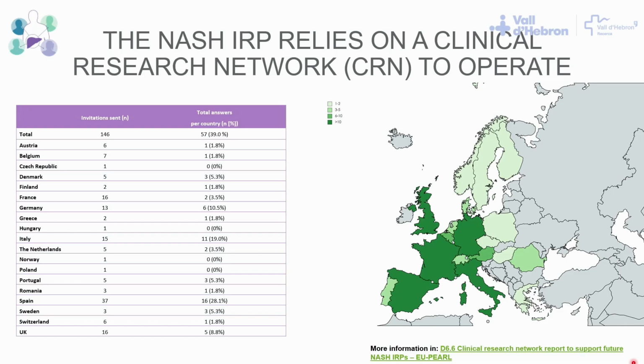You can see on the map on the right which countries we contacted, and we had a response of almost 40%. We asked questions about the design of the master protocol, but also about the potential interest of these sites to actually be part of the platform trial and to be actively involved.